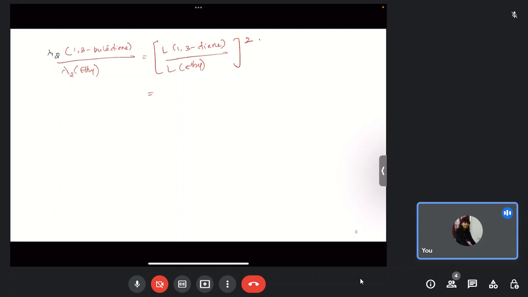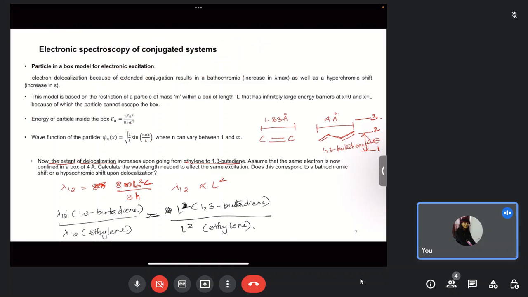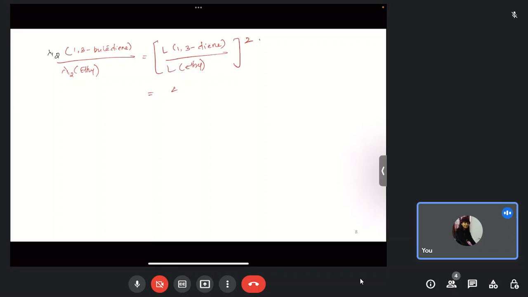So we know that L of 1,3-butadiene is 4 angstrom, whereas it's 1.33 angstrom for ethylene. So 4 divided by 1.33 the whole square. This is going to be 9.043.